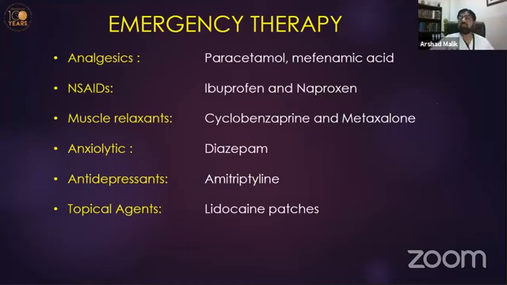Lignocaine patches are available and they are very good, with reference to local application at the temporomandibular joint bilaterally or unilaterally, then to the hot spots.